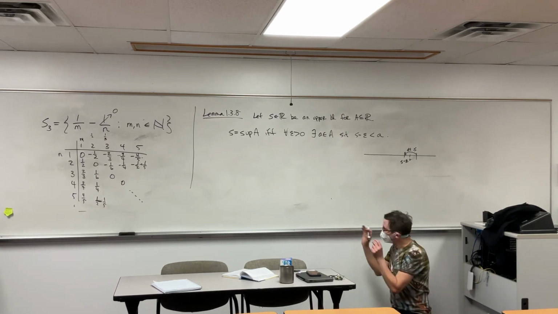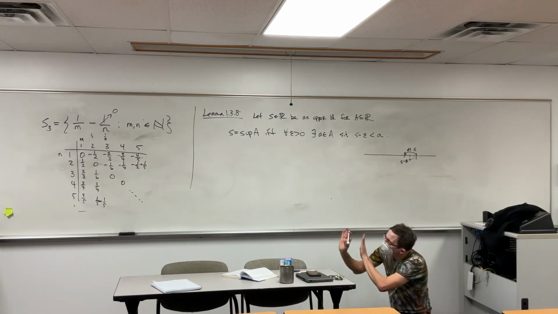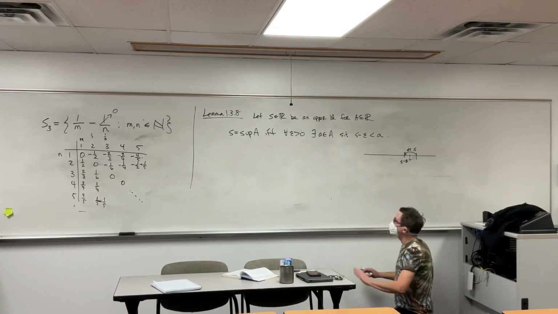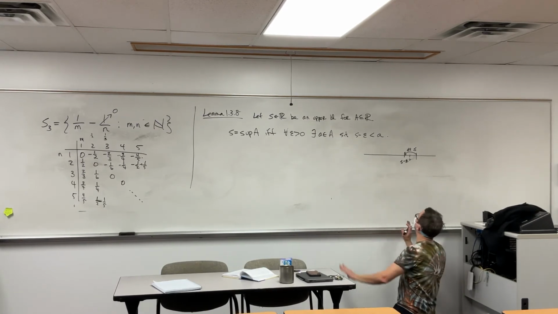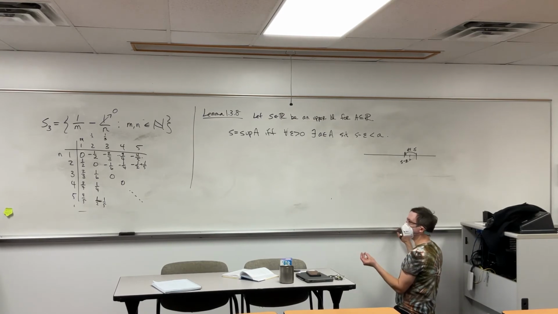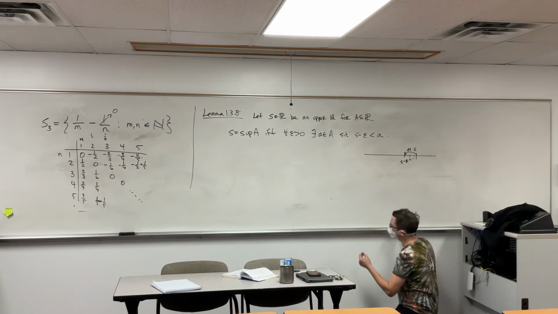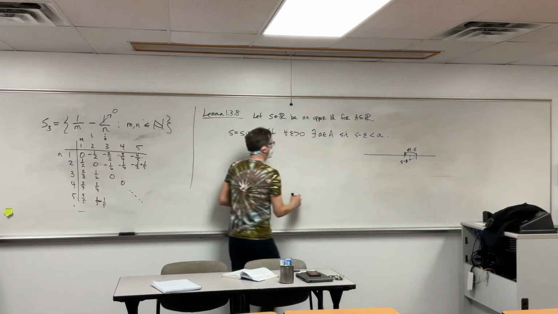No matter how much I breathe on it, just a tiny little wafer-thin blowing to the left, and suddenly I'm in the set, there's stuff to the right. That's what it means to be the supremum. It's a sensitive condition. It's almost unstable in some ways to the left. We want to even introduce an idea of stability.